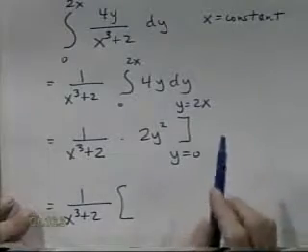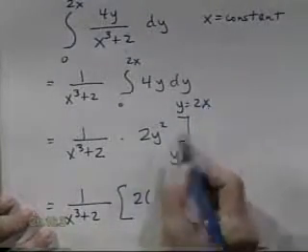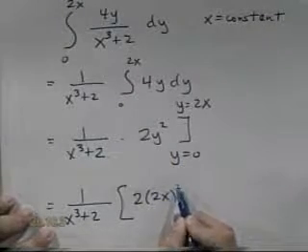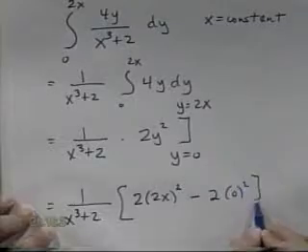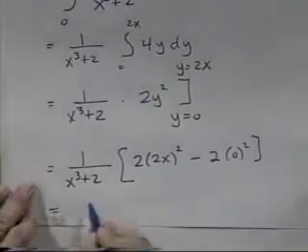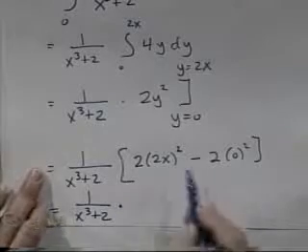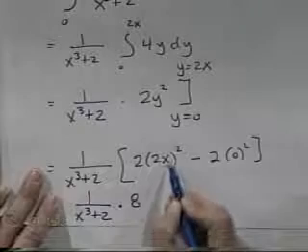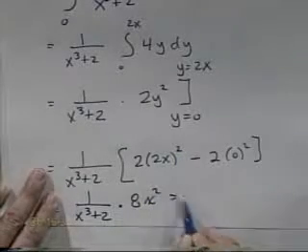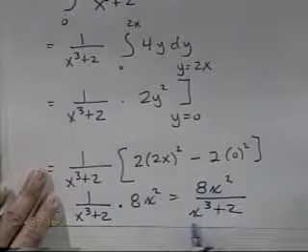We're going to plug in 2x for y in 2y squared, and we're going to plug in 0 for y. And so this looks like 1 over x cubed plus 2 times 2 squared, which is 4, times 2 is 8, and then we'll have x squared, which I'll write as 8x squared over x cubed plus 2.